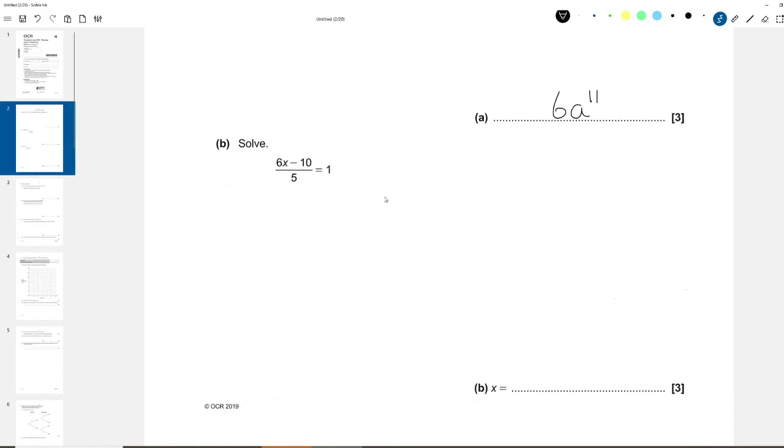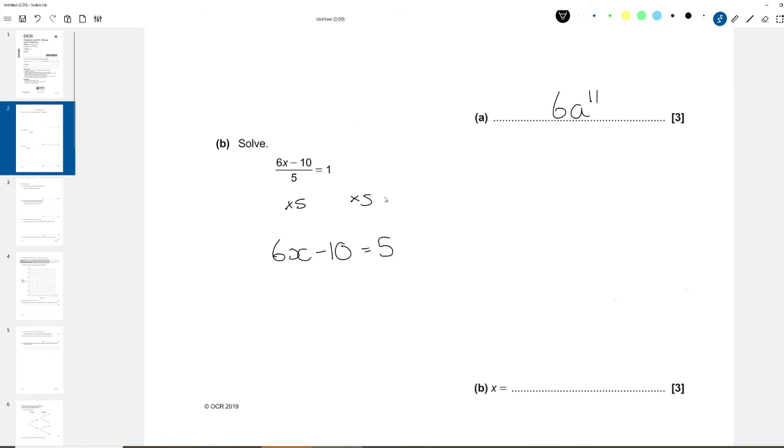Now we're going to solve b. 6x minus 10 over 5 equals 1. So we're solving an equation so we can get x equals. It's all about trying to do the inverse of different functions so that you can work out what x is. So at the moment we need to get rid of this divide by 5. So we need to times by 5 on both sides. So I get 6x minus 10 equals 5.